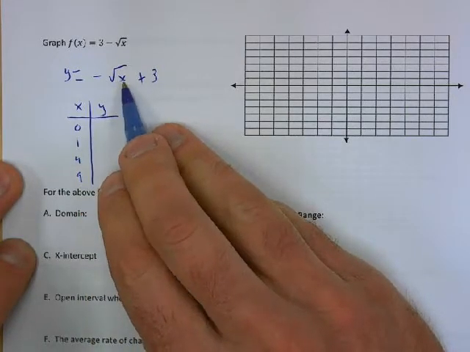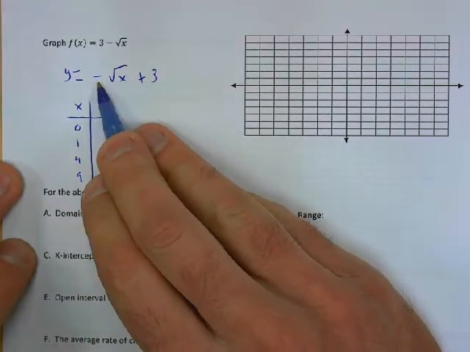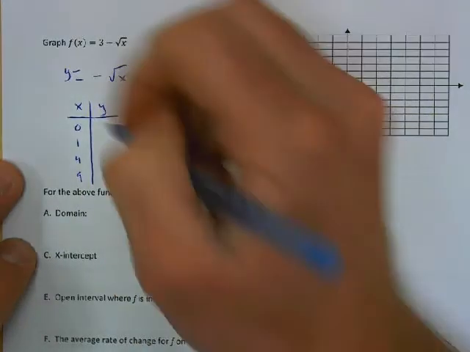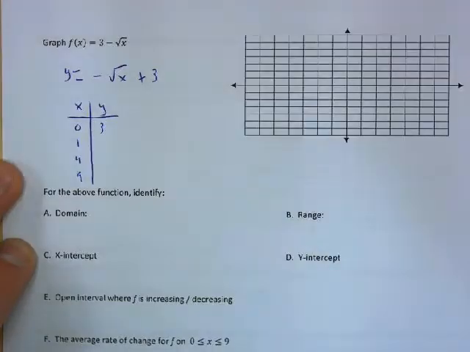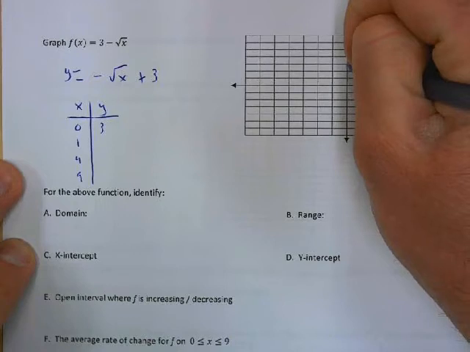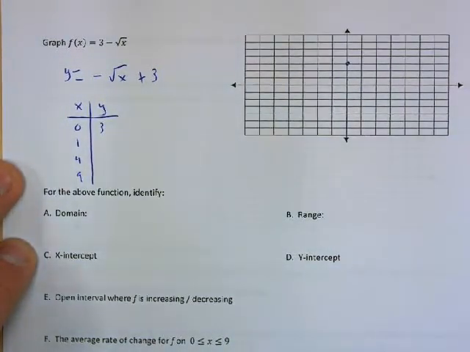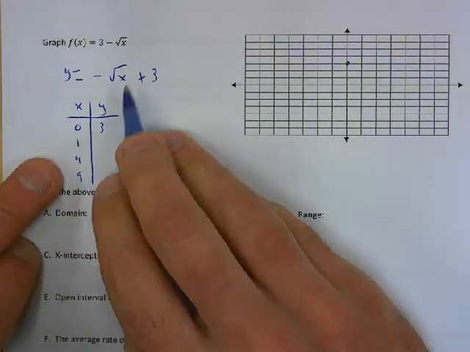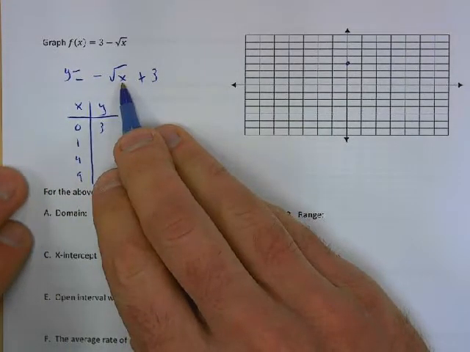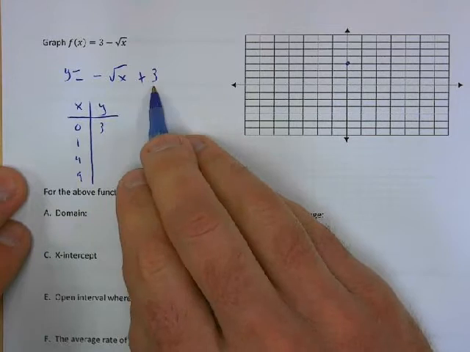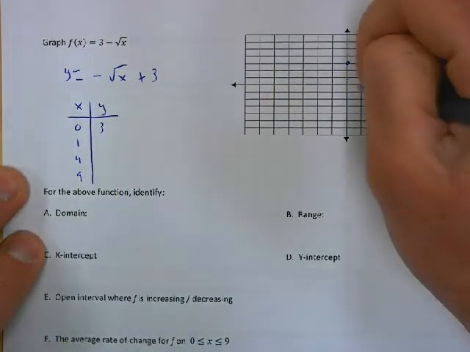Well, the square root of 0 is 0. The opposite of that is still 0. Plus 3 is 3. So yeah, we're starting at 0, 3, just like we thought. It's shifted up 3 units. Okay. Next, if I stick in 1, well, the square root of 1 is 1. The opposite of that is negative 1. Plus 3 is 2.